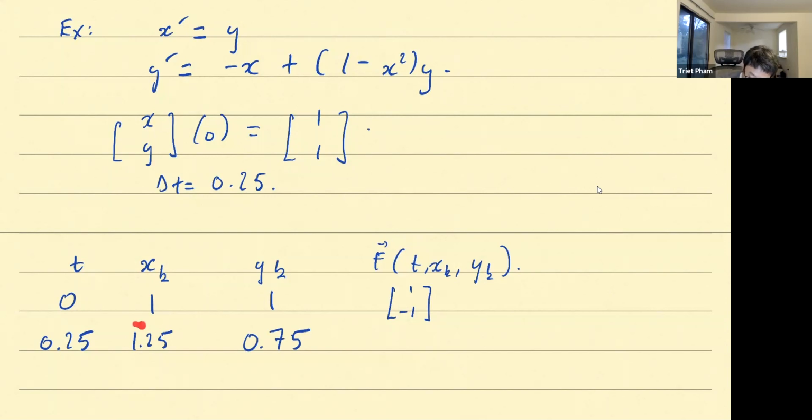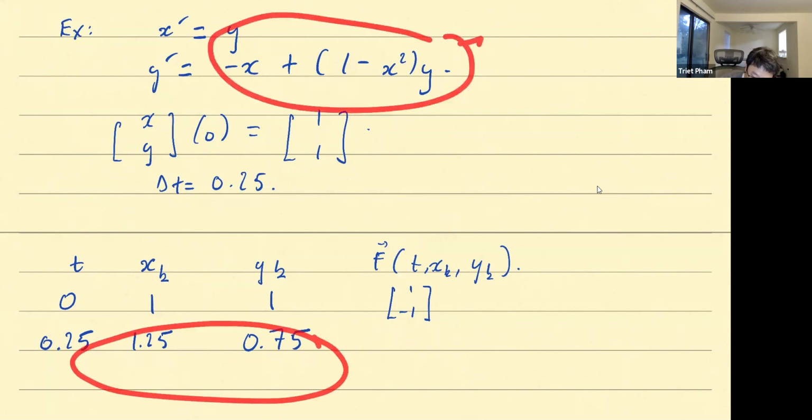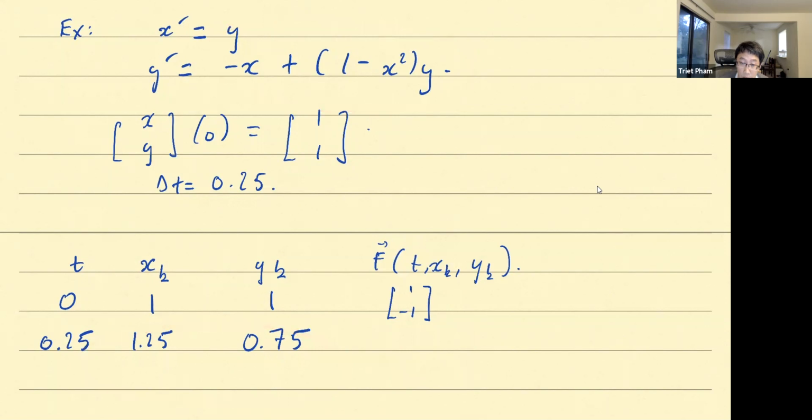Because you take 1 plus 1 times 0.25, that's delta t, so 1.25. And 1 plus minus 1 times 0.25 is 0.75. And then, of course, you plug this guy into this to get the second vector. And then you continue, and then 0.5, and so on and so forth.